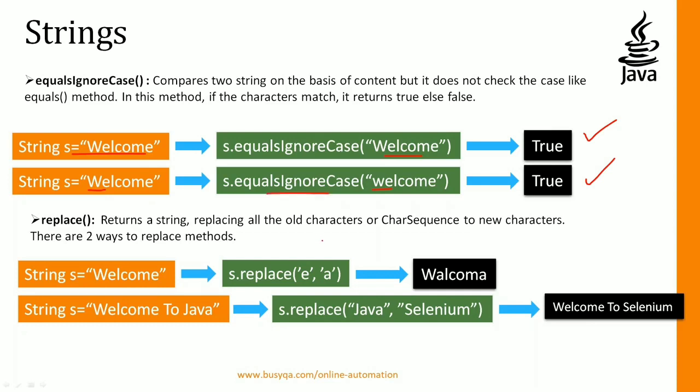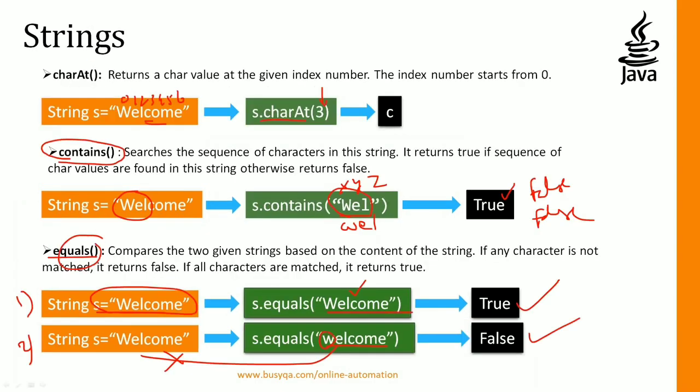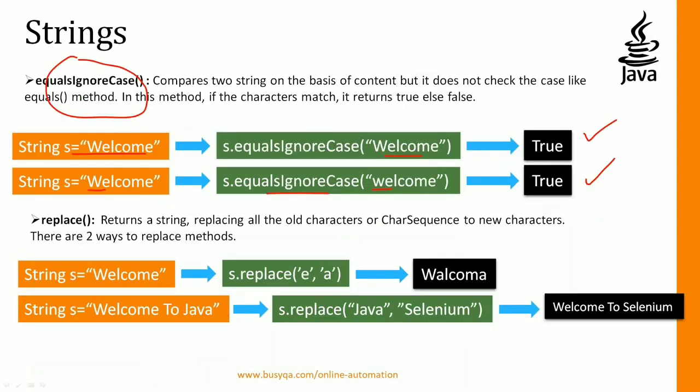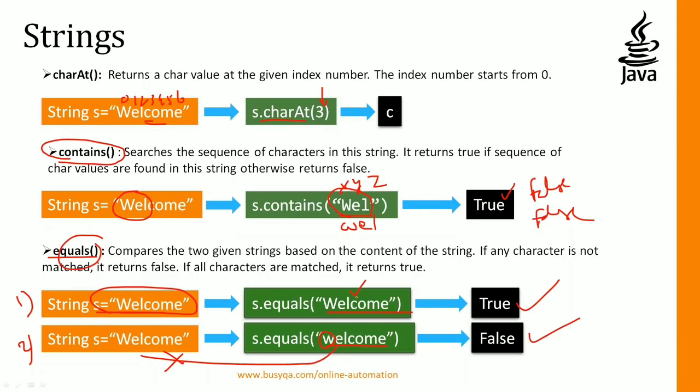So if you want to compare two strings, you have two methods. One is equals, the other one is equalsIgnoreCase. If I use the equals method, it will consider case sensitivity, so you need to differentiate lowercase and uppercase letters. Even spaces are also compared. Suppose here there is no space. If I give some space in welcome, that will not be matched, because space is also considered a character.